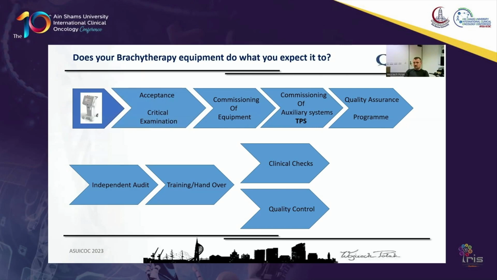And we've got the quality control to ensure that the equipment is still performing as at the time when we did commission. And the last thing, we've got a clinical audit. So basically, every so often we want to check that the equipment is still doing what we expect it to do, and how it compares with other equipment or the same kind of equipment in the country or in the world, to see if we deliver quality treatment with our equipment.